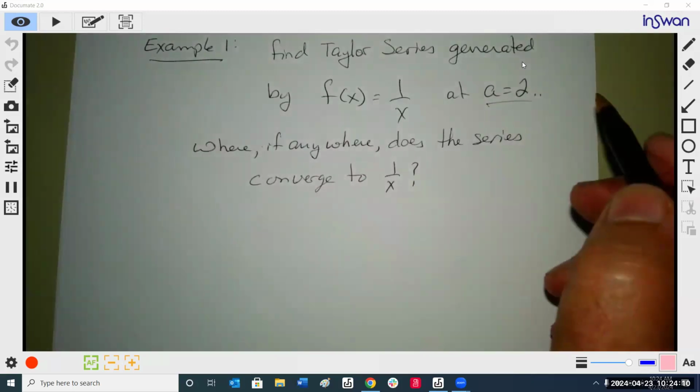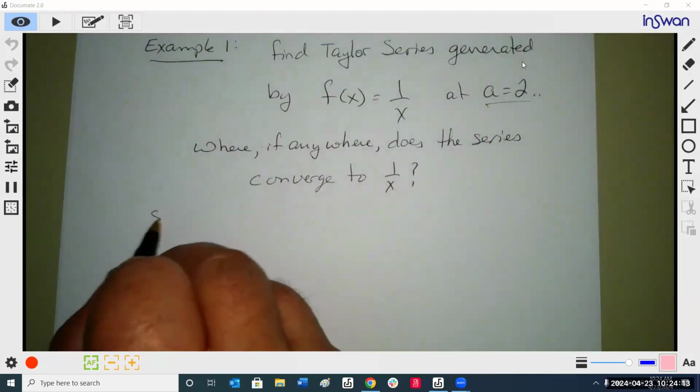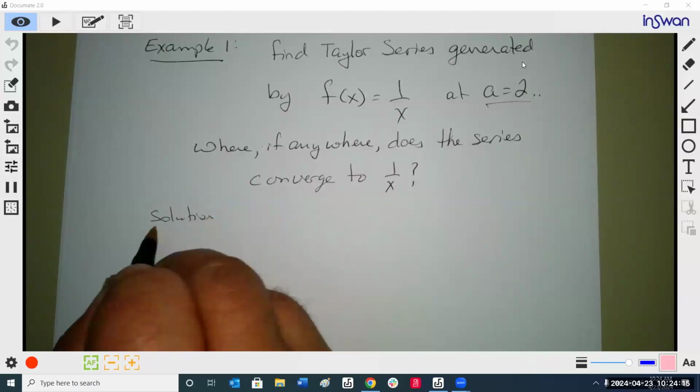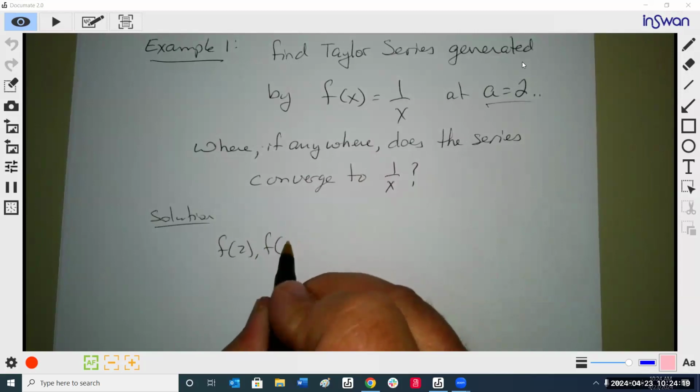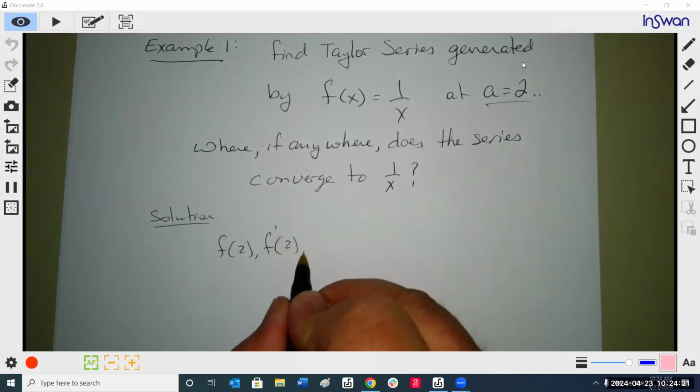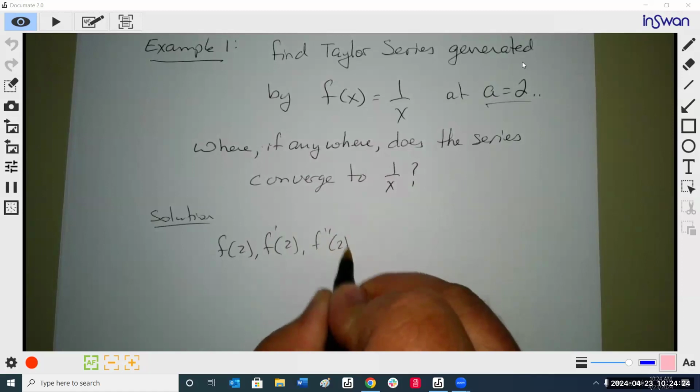Since a is 2, we're going to find f at 2, f prime at 2, f double prime at 2, and so on and so forth.